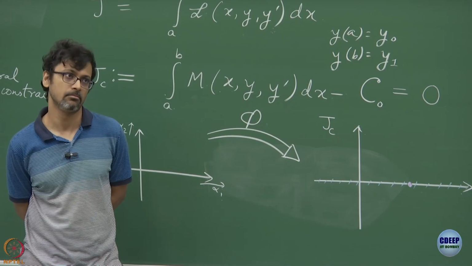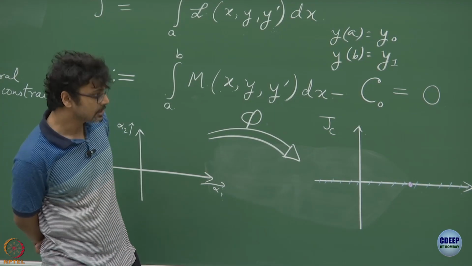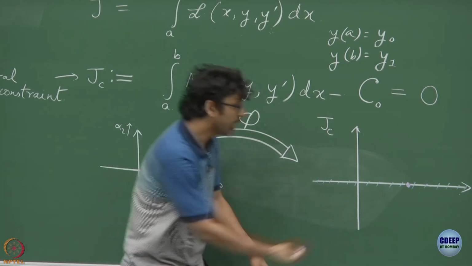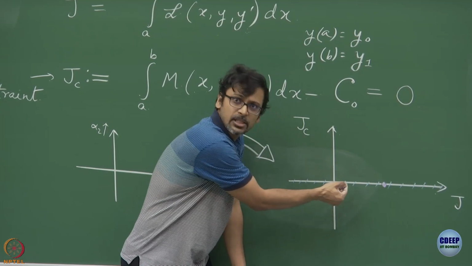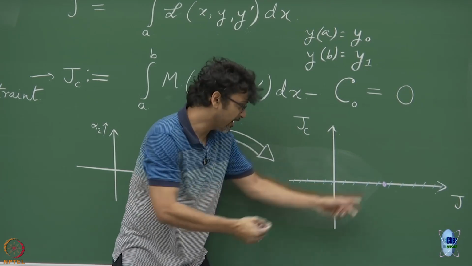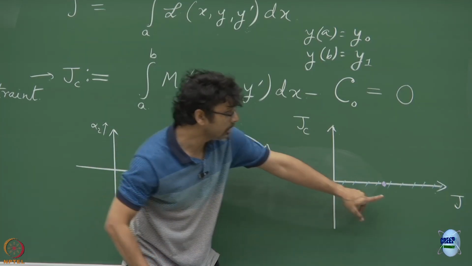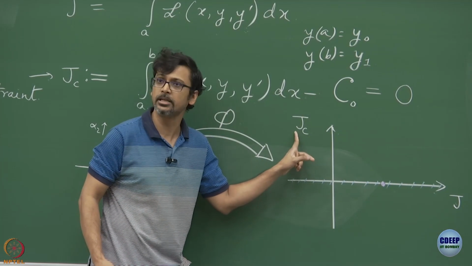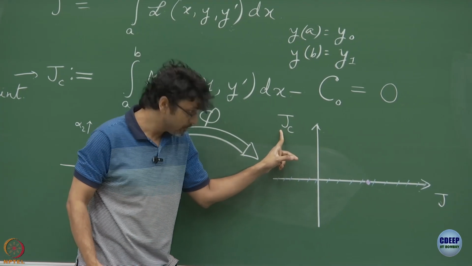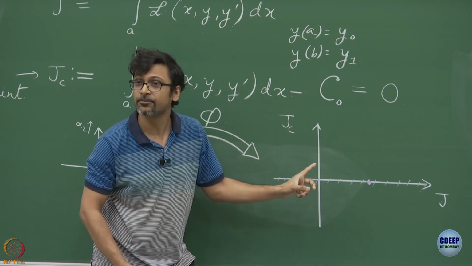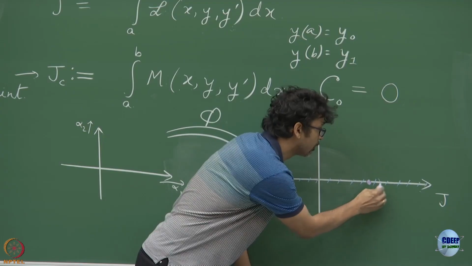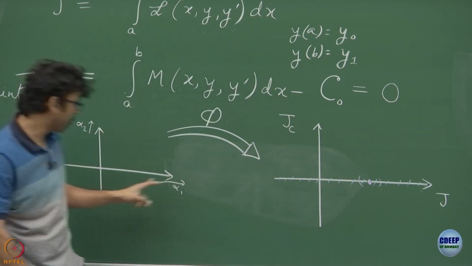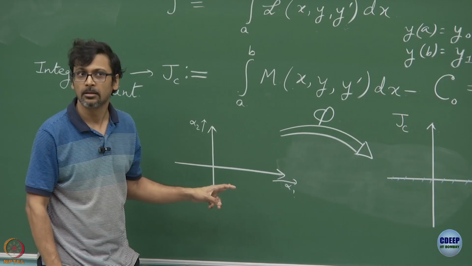What does it mean? It means that while satisfying JC equal to 0, I cannot move to the left of this point. If I did, then I would have actually done better at minimizing J while satisfying this condition simultaneously. Which means that if there is a small neighborhood around this point where an inverse map exists, my case is doomed.